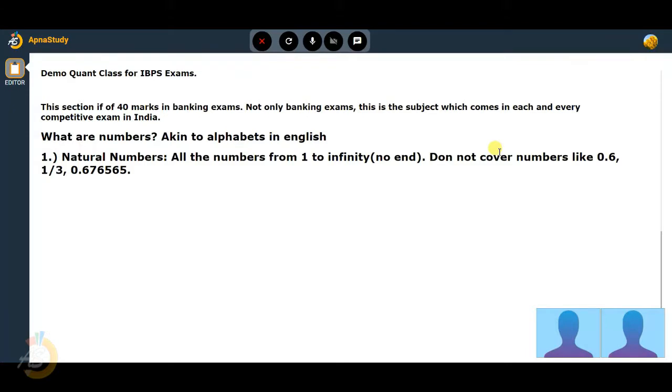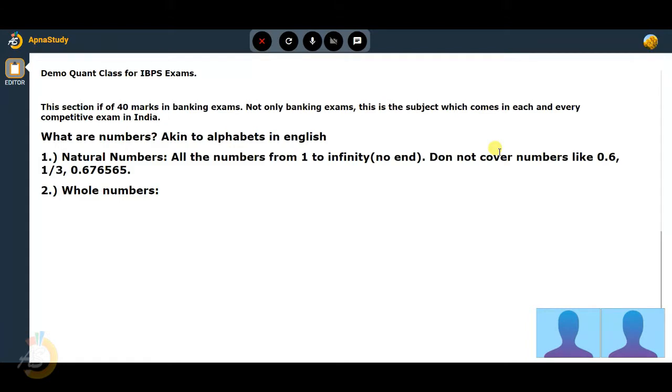Now let's go to another type of numbers, which are whole numbers. Whole numbers are like natural numbers, or we can say same as natural numbers, but they include an additional number, which is 0.